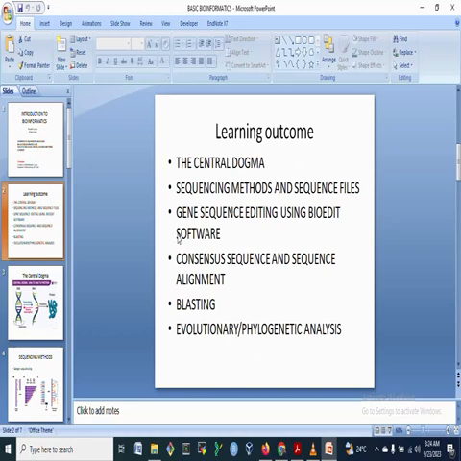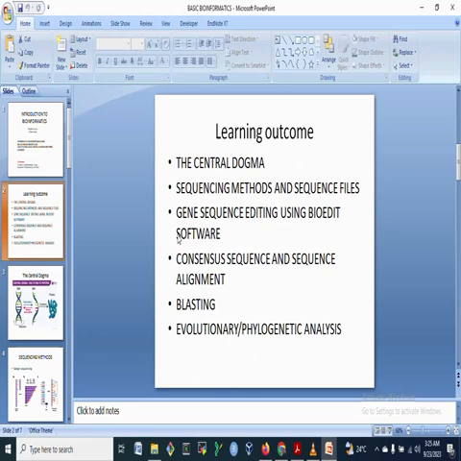How do you edit the gene sequence using BioEdit software? And how do you build a consensus sequence? You will learn how to build a consensus sequence and perform sequence alignment. And then we do BLAST and basic alignments.